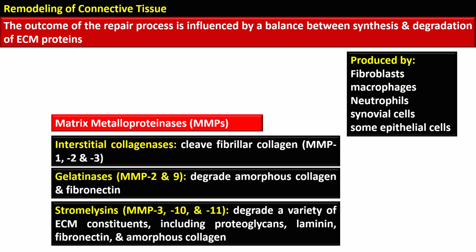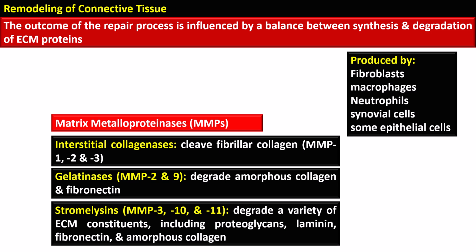The various types of these matrix metalloproteinases are present. One is interstitial collagenases. They are MMP1, 2, and 3, and they cleave the fibrillar collagen, while gelatinases, MMP2 and 9, degrade amorphous collagen and fibronectin.